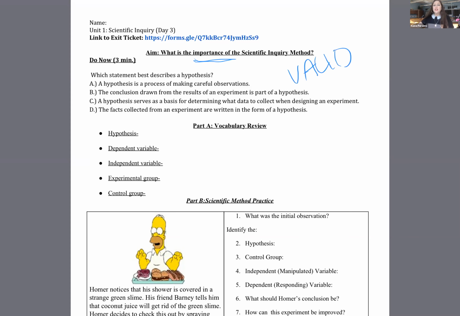And the validity of an experiment is based upon the quality of its data, and if it has gone through a peer review process that has the consensus of scientists like we talked about in the last video.